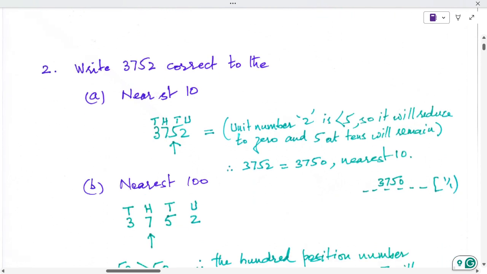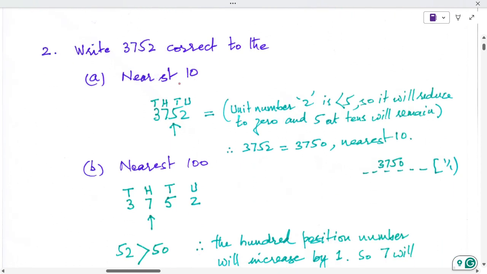Question number 2 is about writing a number nearest to 10 and nearest to 100. So we have to remember that in a number of 4 digits, there is a unit number, a tens place number, a 100 place number, and a 1000 place number. So we have to write 3752 nearest to 10.